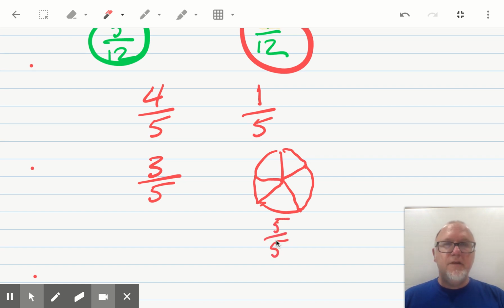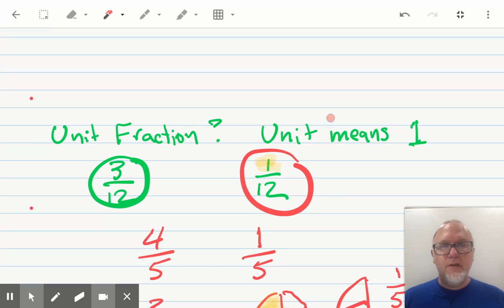And 5/5 is one whole. Okay. And then we ask ourselves, well, what is the unit fraction? Unit means 1. So you just want one of those. And it would look like that. It would look like just one of the green pieces, 1/5. So that's unit fraction.